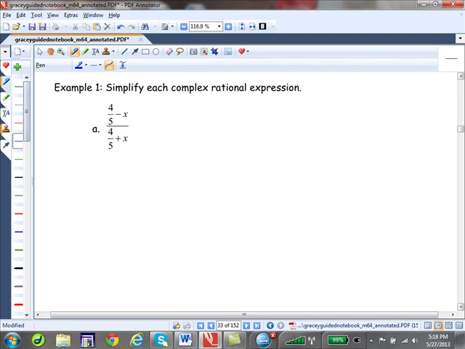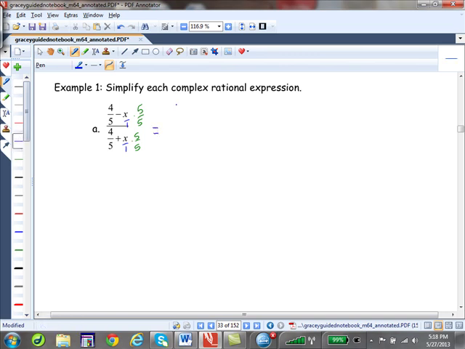So here we go. On this first one, you see that again we can write these x's over 1. So it turns out the LCD on each of them will be 5. So if I go 5 over 5 on each of these, I will be able to get one happy fraction in the numerator and the denominator.